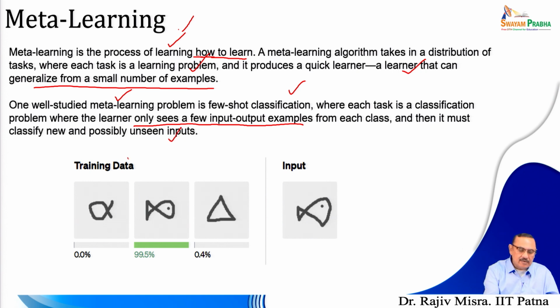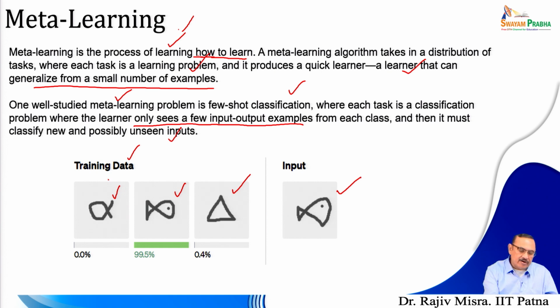So, here you can see in this example there are three different types of learning samples or learning models using training data. Let us see, if a new input comes, which model is going to be very close to it, which is being adopted in the fast changing modes.